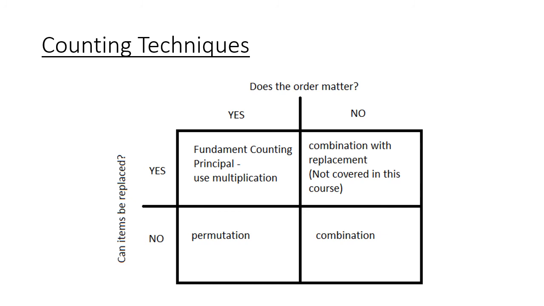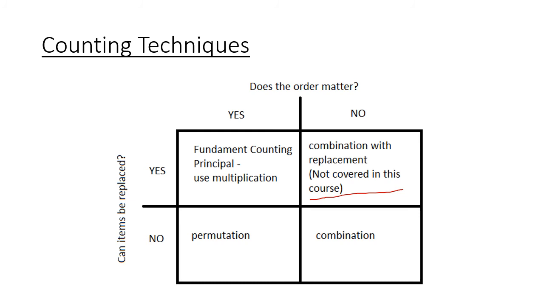Now you'll see this last square in my table. If the items can be replaced, but the order doesn't matter, it's called a combination with replacement. It's actually very simple to figure out, but for some reason it's not really covered in this course. It just involves doing a tiny bit of arithmetic for the number of things you choose. The best example I can think of is if you get the family meal at KFC, you get your bucket of chicken, and you can choose 3 sides.